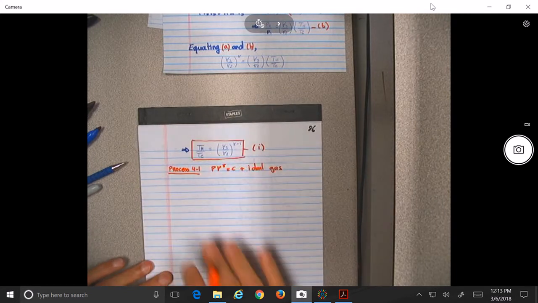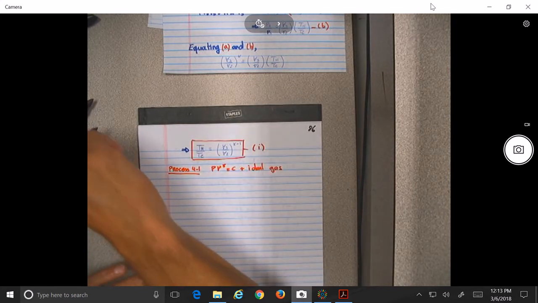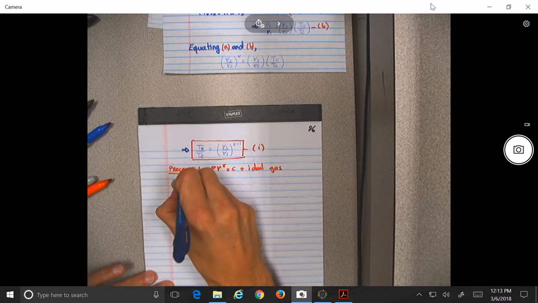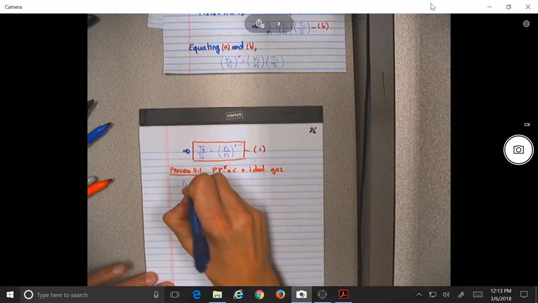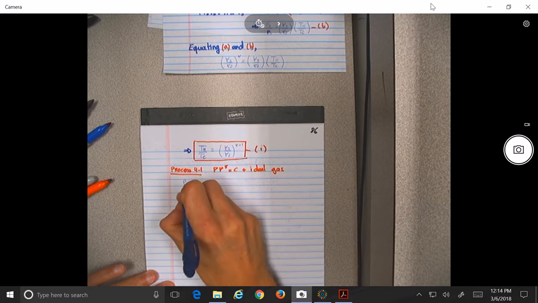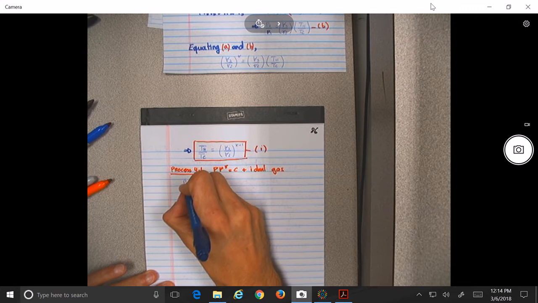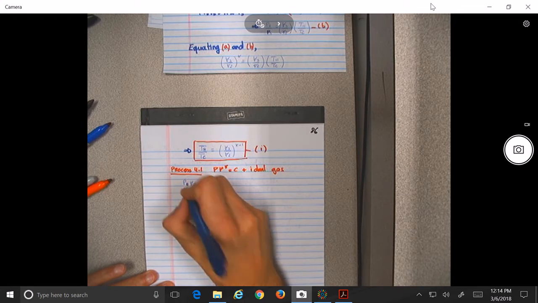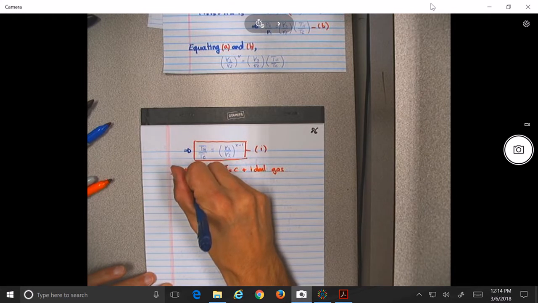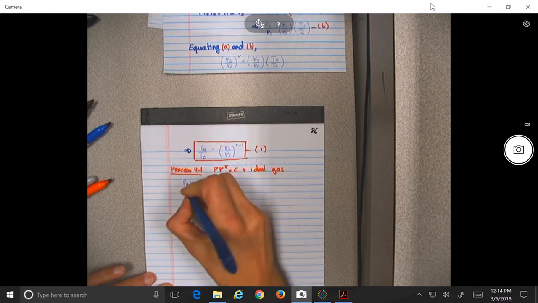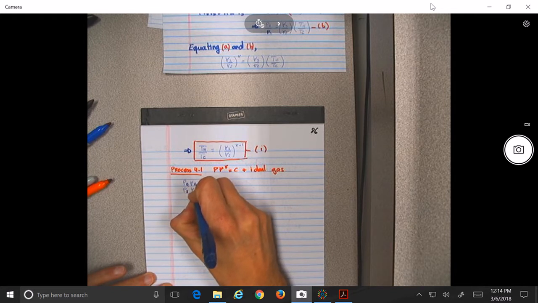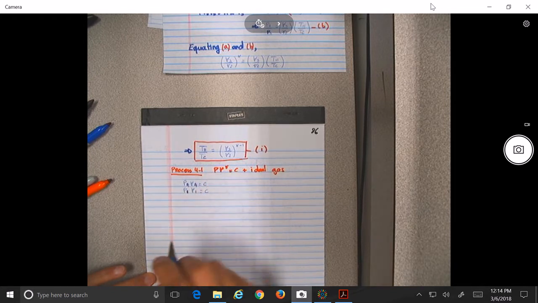I'll follow exactly the same procedure, so we have P2 V2 equal to constant, P4 V4 equal to C, P1 V1 equal to C.